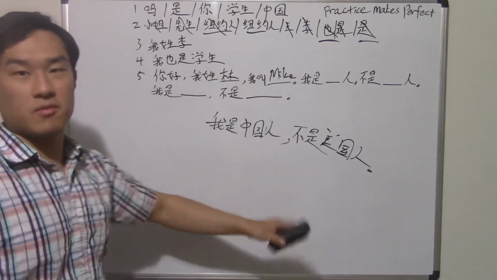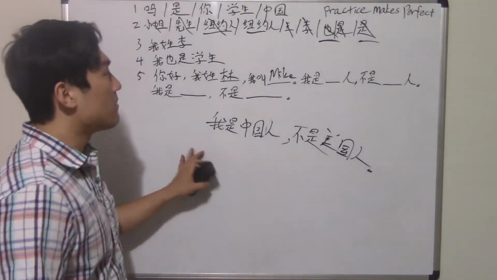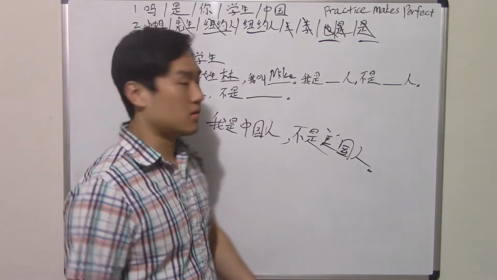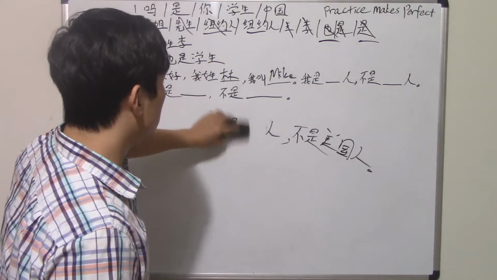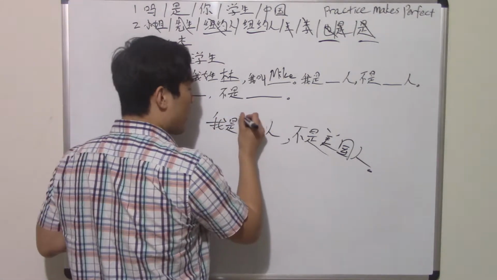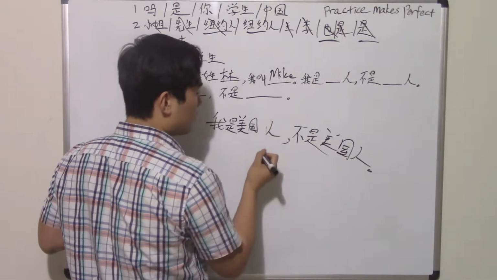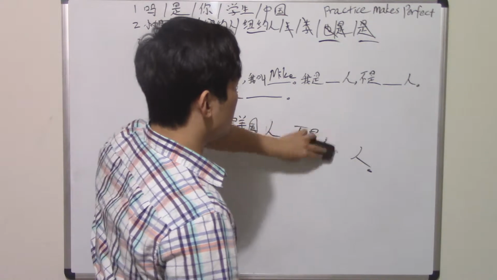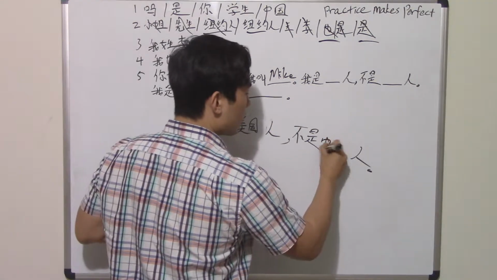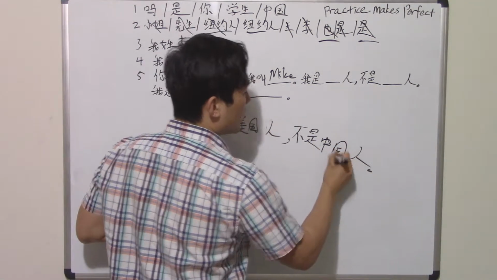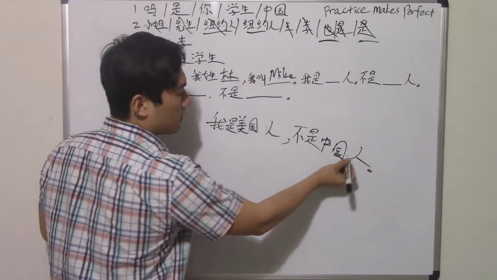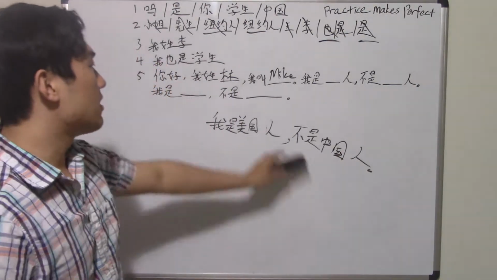Sorry, kind of crappy handwriting, just giving you examples. So I'm Chinese, but I'm not American. Or you can change that to America, so 我是美国人, 不是中国人, simply change that to 中国. Right, 我不是中国人. Should be a dot here. So that's how you write that.